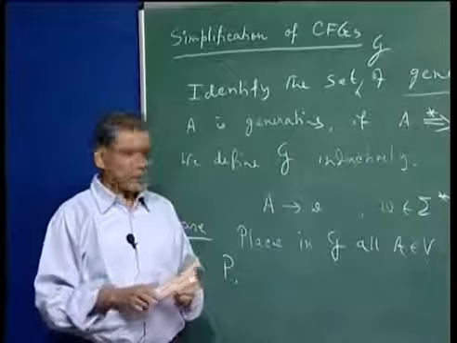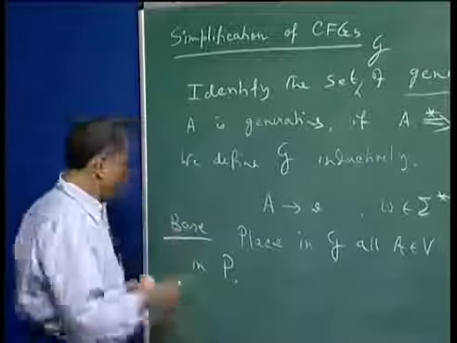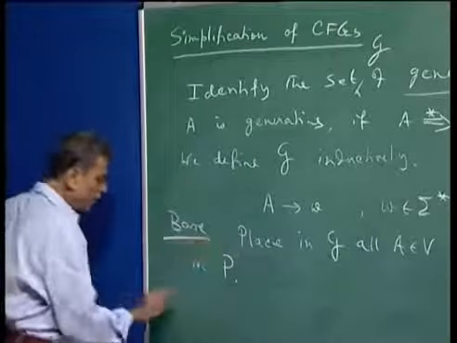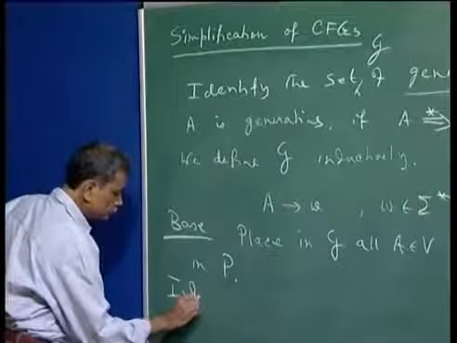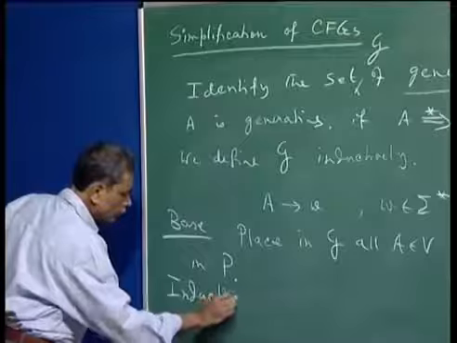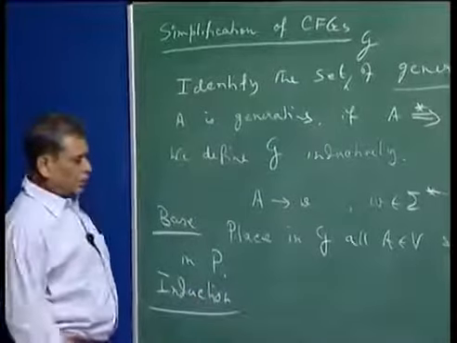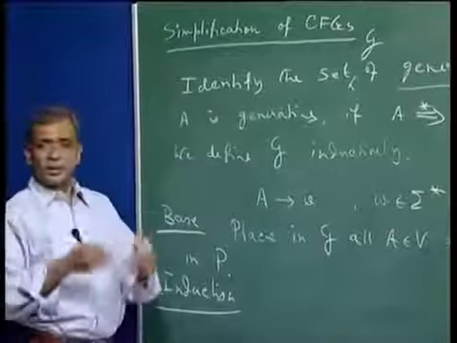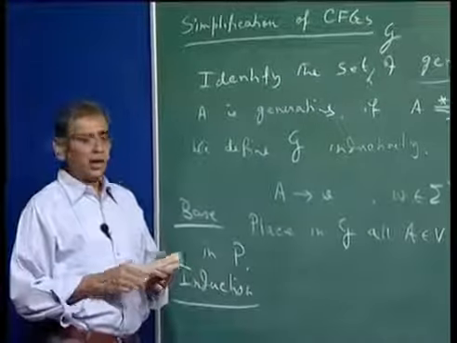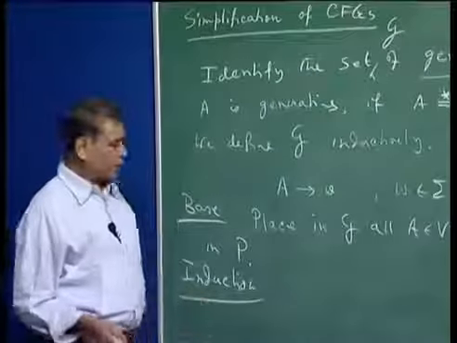Okay. So, you start with some subset of V, and how do you grow G? Again, we will be able to grow G by looking at productions.